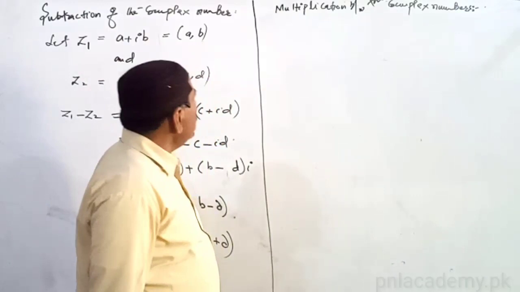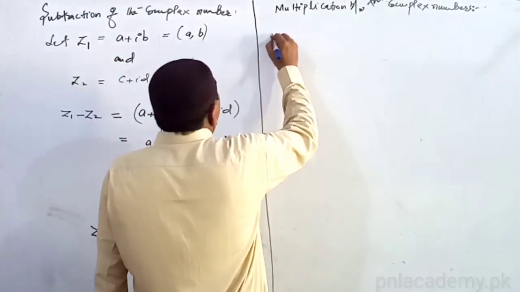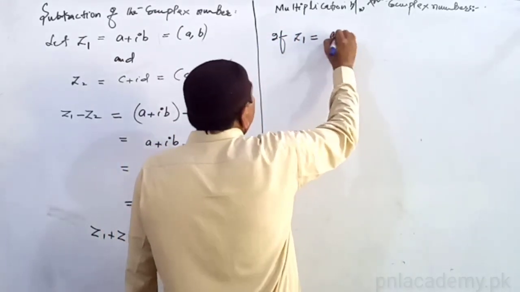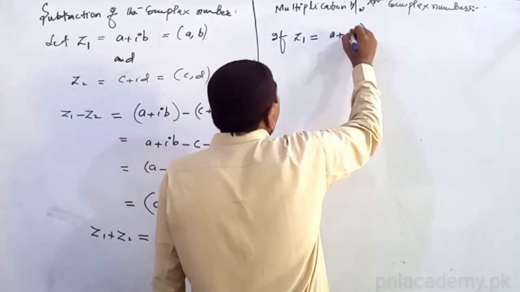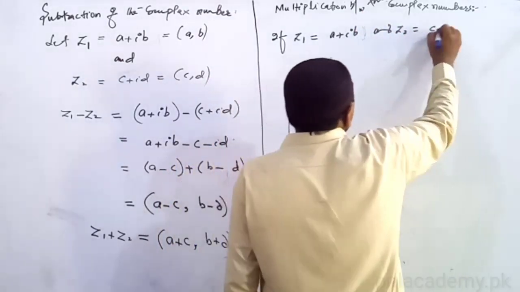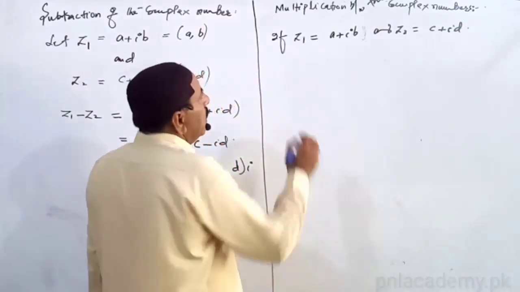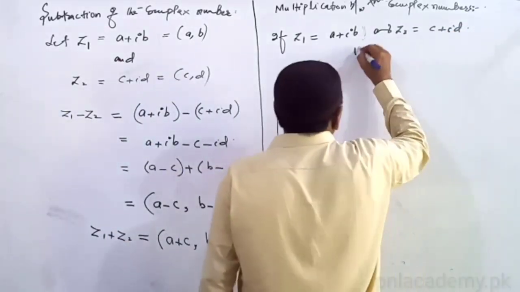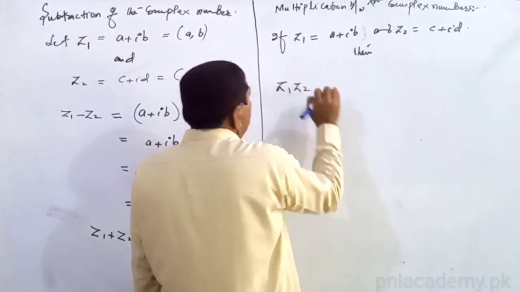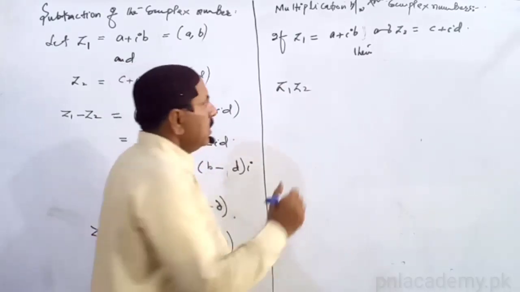If z1 is equal to a plus iota b and z2 is equal to c plus iota d, then z1 into z2 is the multiplication of two complex numbers.